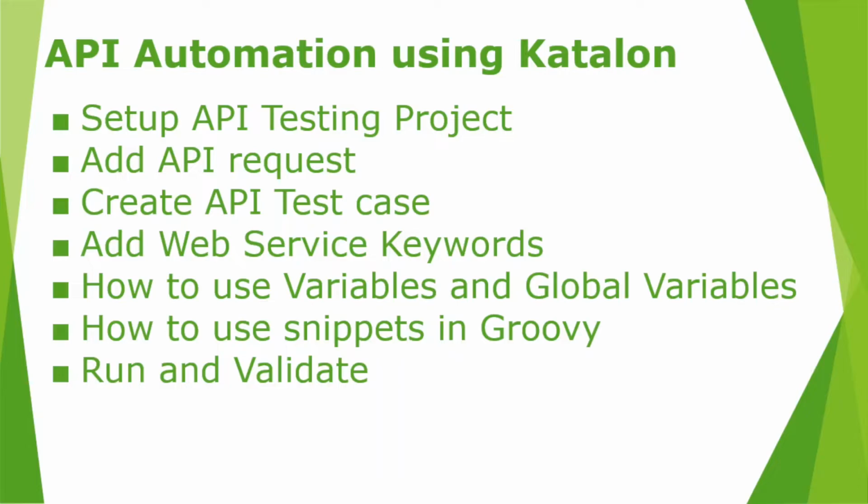Okay, so I'm going to teach you how we can use those and how useful these snippets are. Okay, and also I'm going to teach you how we can run and validate the API request. Okay, so now let's jump onto the system and let me show you step by step how we can perform all these actions by using the Katalon automation tool.